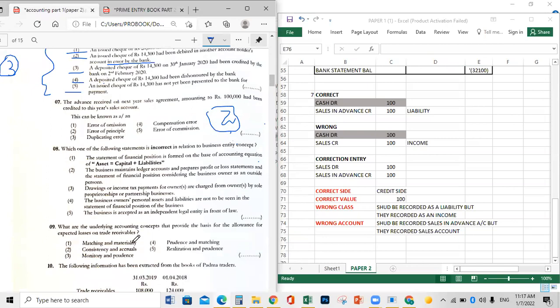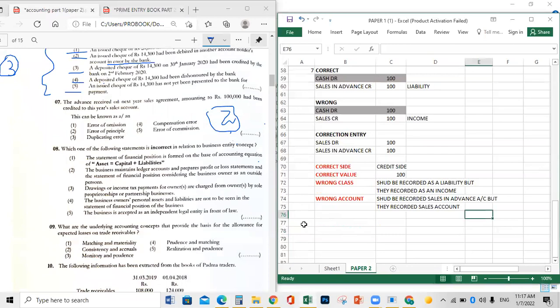Can you all send me the answer? Question 8. Send me the answer. Let's see. So far, all of you have sent the correct answer.